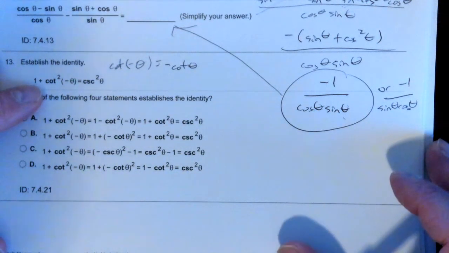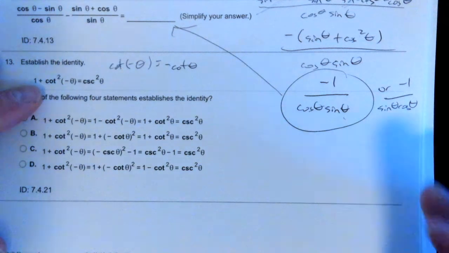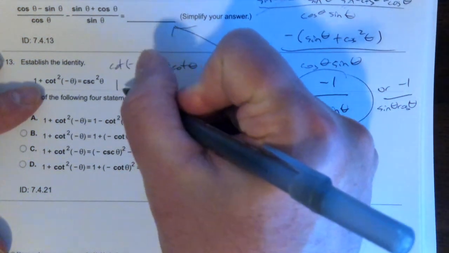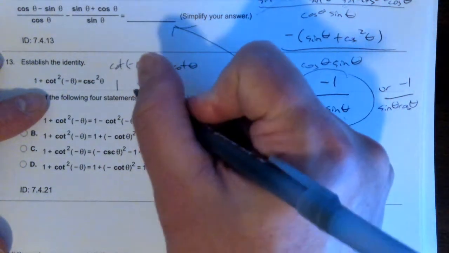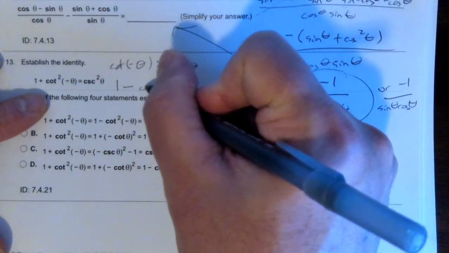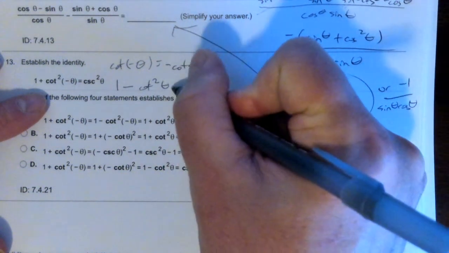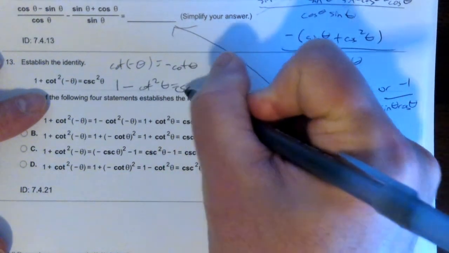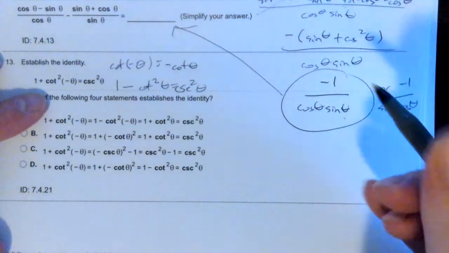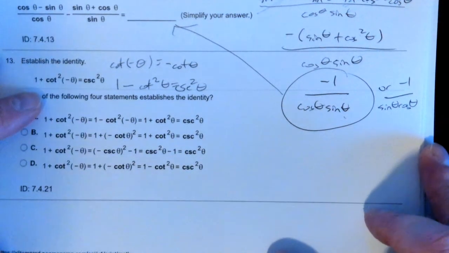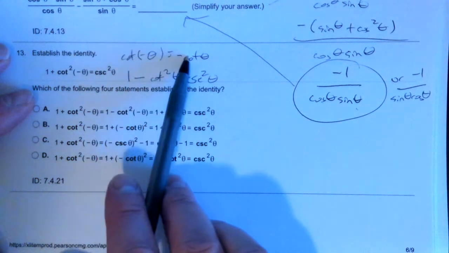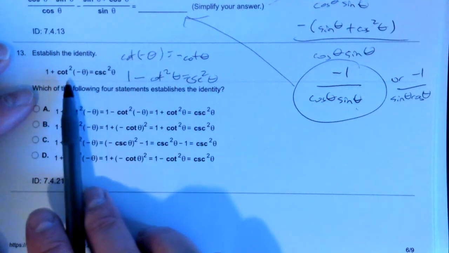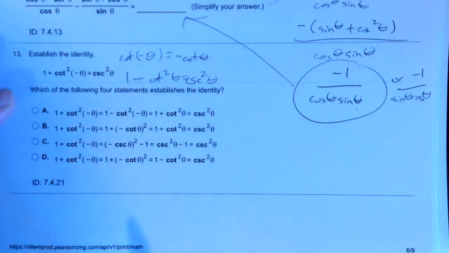This changes then to 1 minus cotangent squared theta equals cosecant squared theta. So if one of them was negative cotangent, then we got 2 of them, so it's squared.